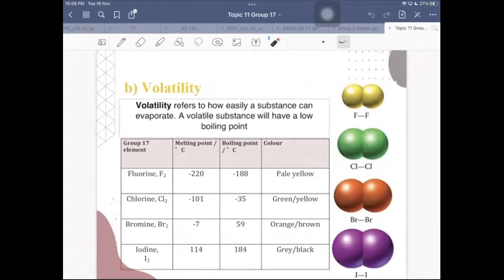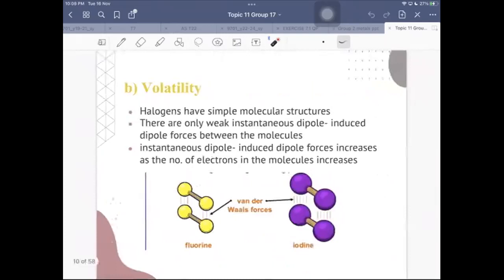Okay, they turn into gas easily. All right, so by looking at the boiling point, you can see that the boiling point as you go down the group is increasing. That means it gets more and more difficult for them to turn into a gas. So that means the volatility of group 17 decreases as you go down the group.